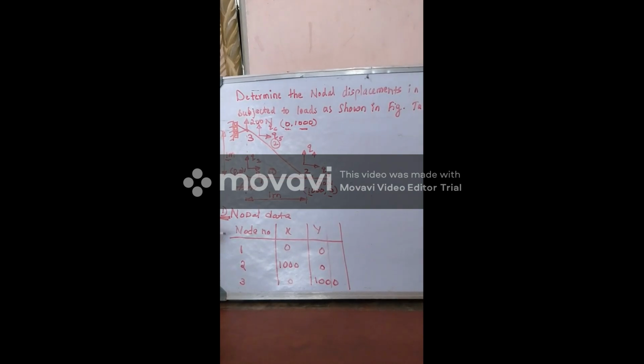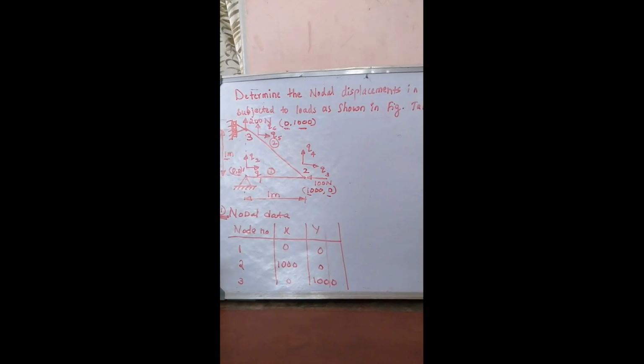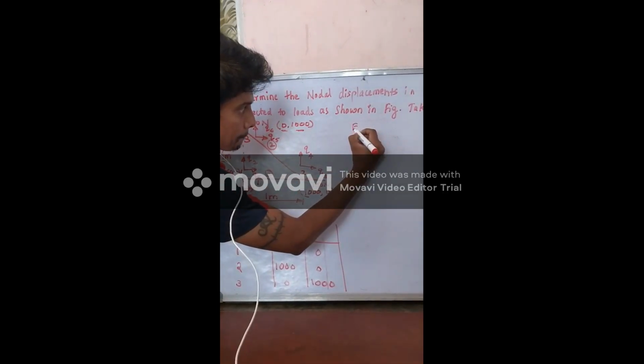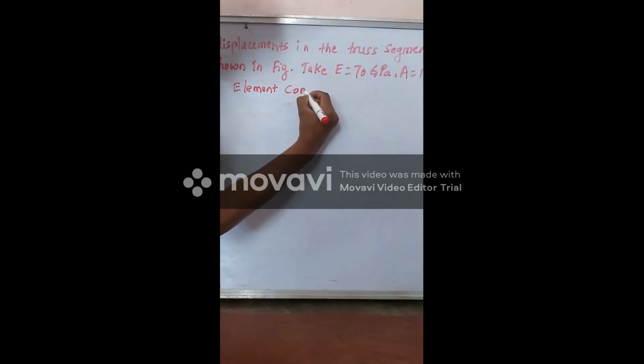Why we are representing this nodal data is, it will make it very easy for further stages of problem analysis. And now I will write one more data called the element connectivity table.